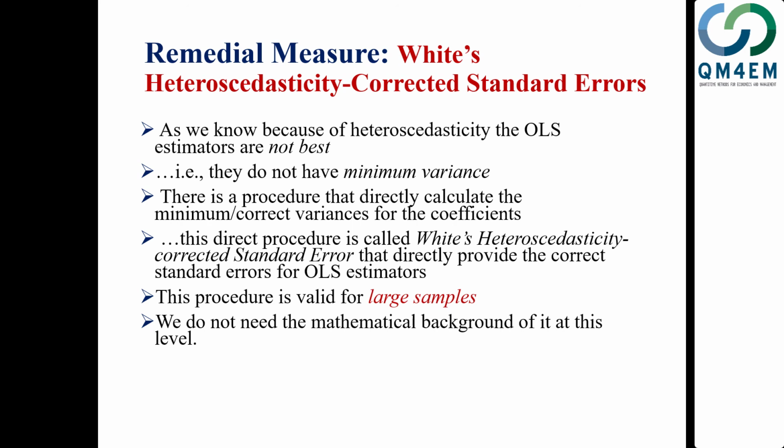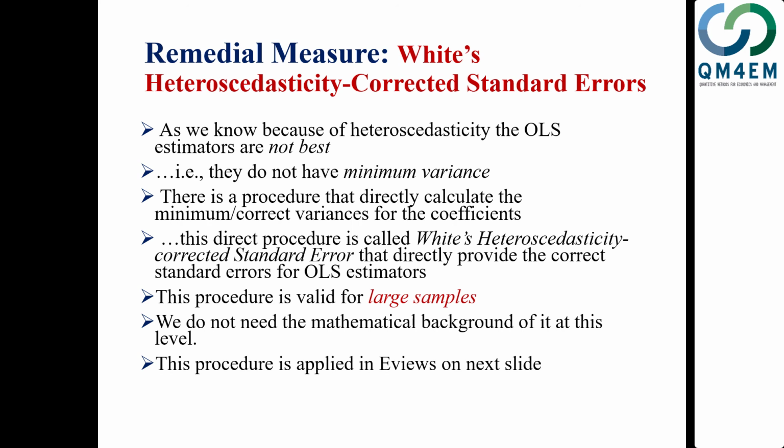I'm going to apply that in Eviews. As far as the theory is concerned, you should know that the White method directly provides the heteroscedasticity corrected standard errors without transforming the data, and it's valid for large samples. We don't need its mathematical background, but we should know how to apply it in Eviews.